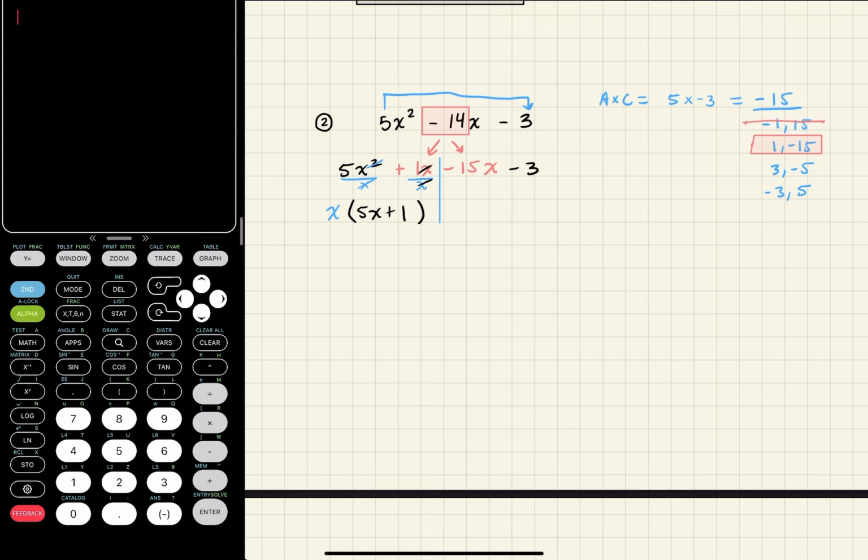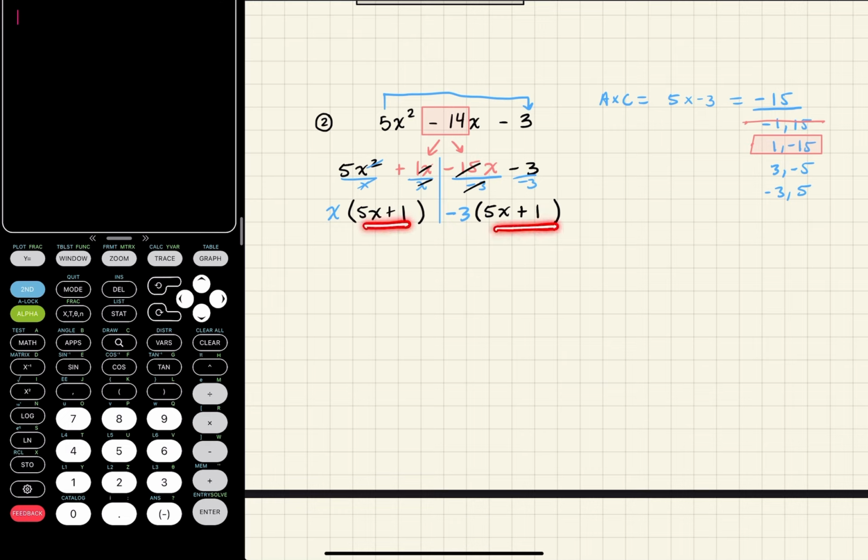Second group looks like a negative 3 is the biggest number that'll go into both 15 and 3, or negative 15 and negative 3, leaving us with 5x, and negative 3 divided by negative 3 is a positive 1.